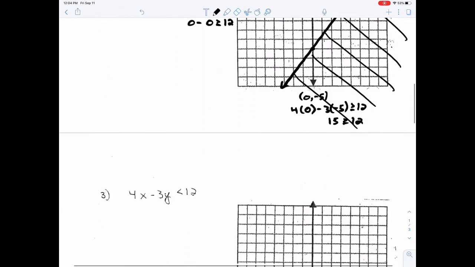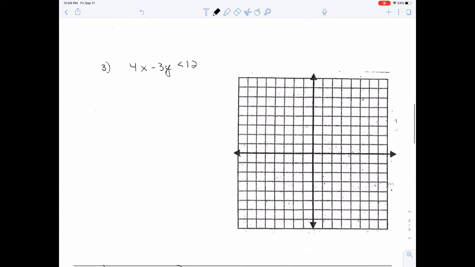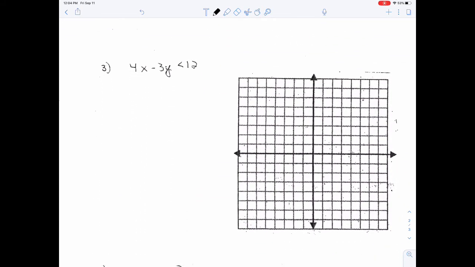Okay, let's keep going. It should look very similar. But notice here, I'm not going to show it again, the x-intercept is 3, the y-intercept is -4. But notice there's no equals here. So the points on the line do not make it true. But I have to draw the line because I have to divide this thing up into one half and the other half.